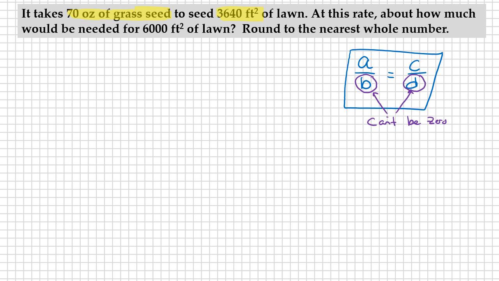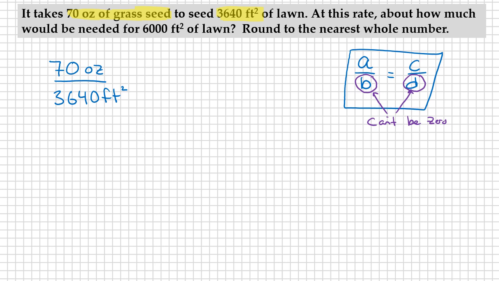So there's a single rate: 70 ounces goes with 3,640 square feet. It's not a unit rate, but it's a rate. At this rate, how much will be needed to seed 6,000 square feet of lawn?